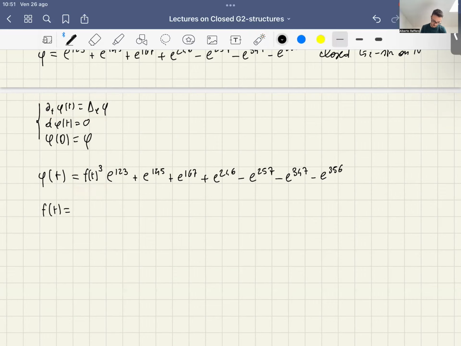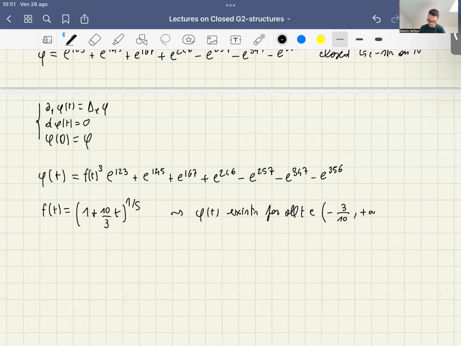And this function is (1 plus 10/3 t) to the power of 1/5. And so in particular, the solution exists for t belonging to (−3/10, +∞).